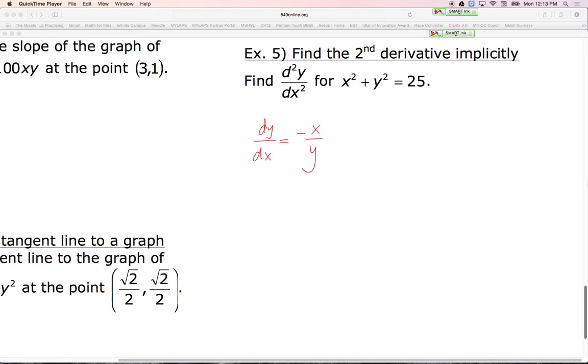Now, let's talk about this over here. How do we take the derivative of dy dx? You do it implicitly like you did y. What is the derivative of dy dx? d squared y over dx squared.